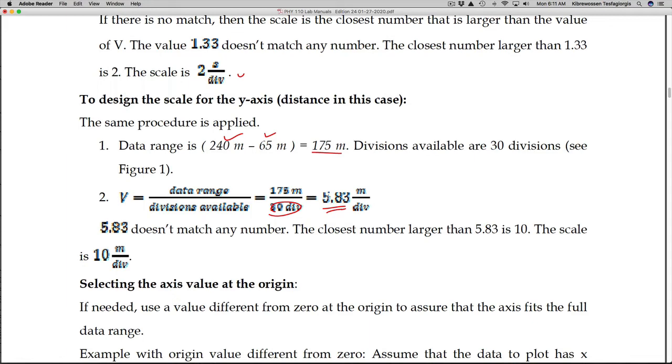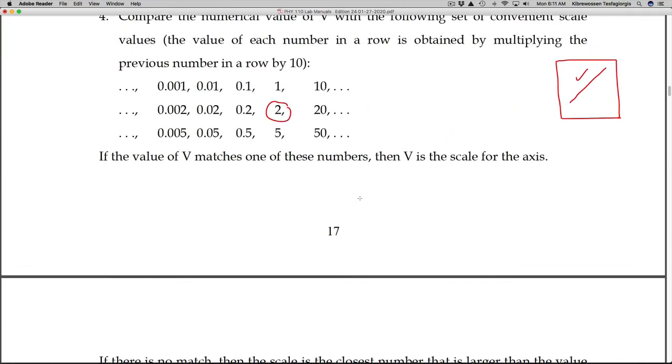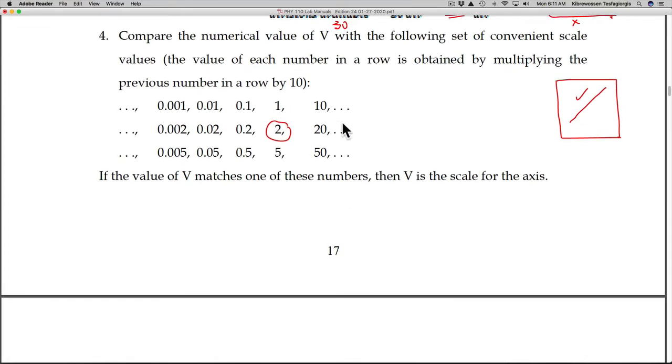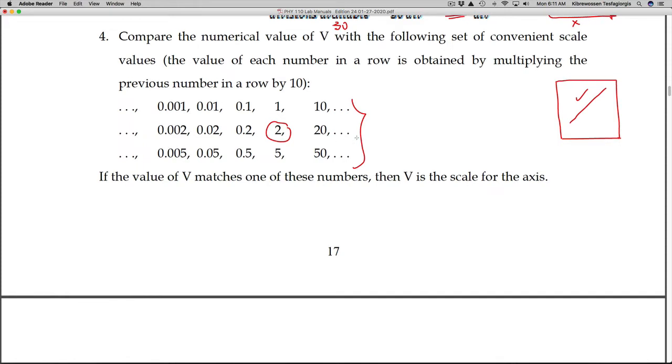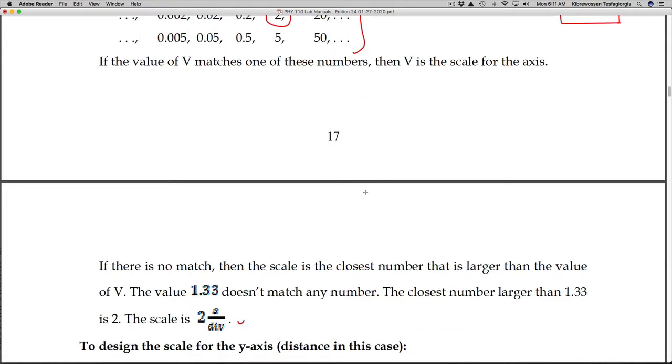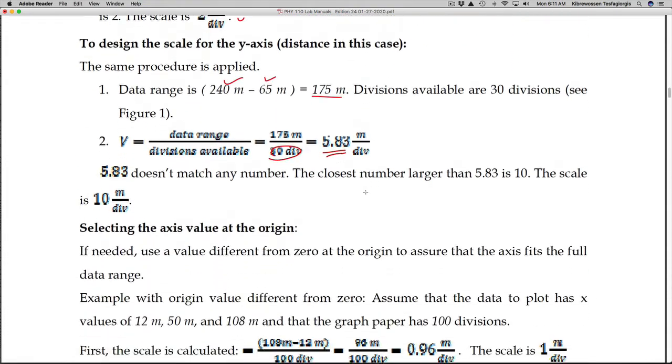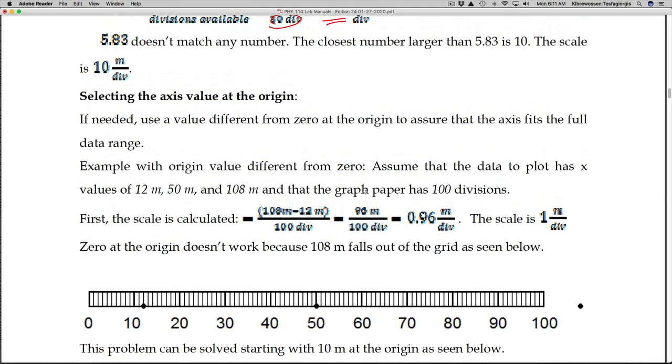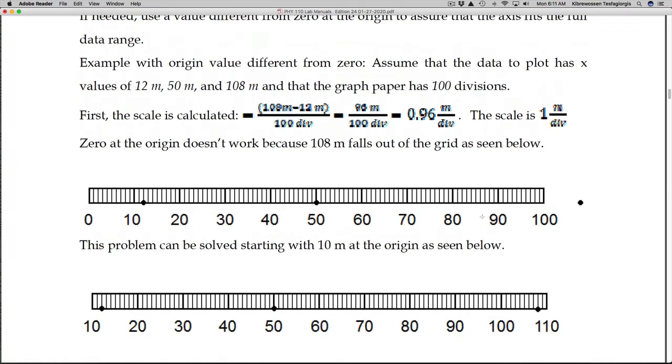So look for something that is larger than 5.83, a number above it in this example data table. A good number would be 10. A 10 is a very convenient scaling for your y-axis, which is easier: 10, then 20, 30, 40, 50, and so on, as you can see in this example. Okay.